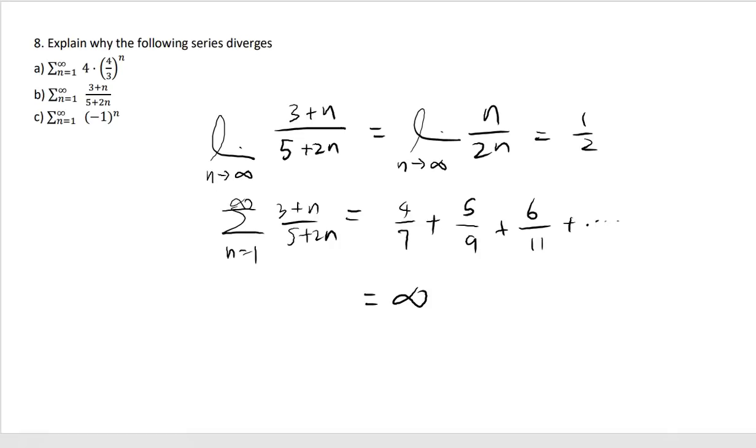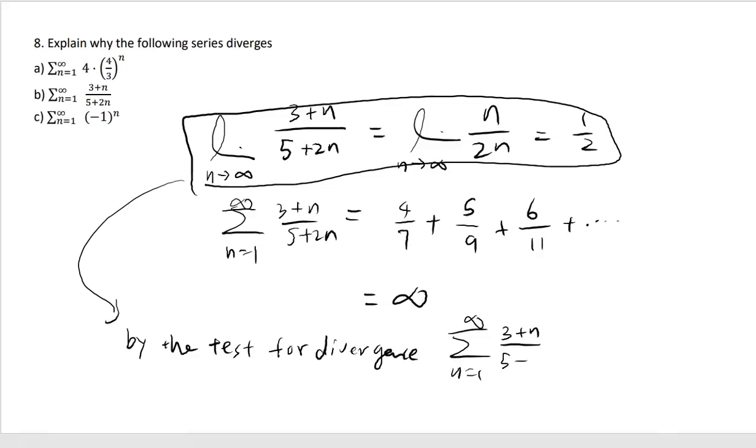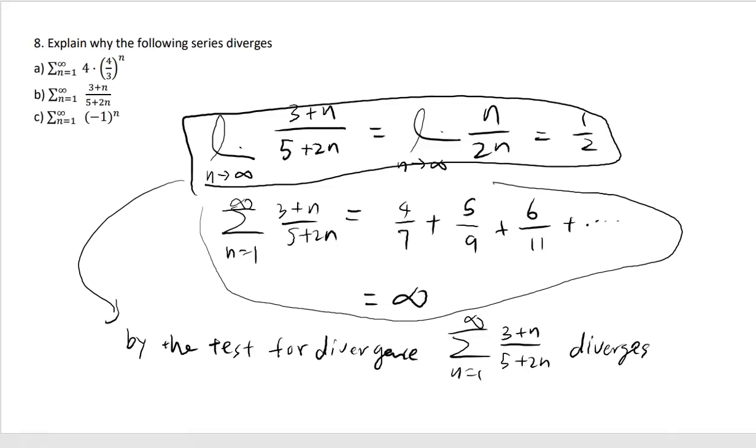Actually, in the exam, all you have to write is just this, and say by the test for divergence, the sum from n equals 1 through infinity of 3 plus n over 5 plus 2n diverges. That's all you have to say. But I just provided here some intuitive reasoning why that would be so.